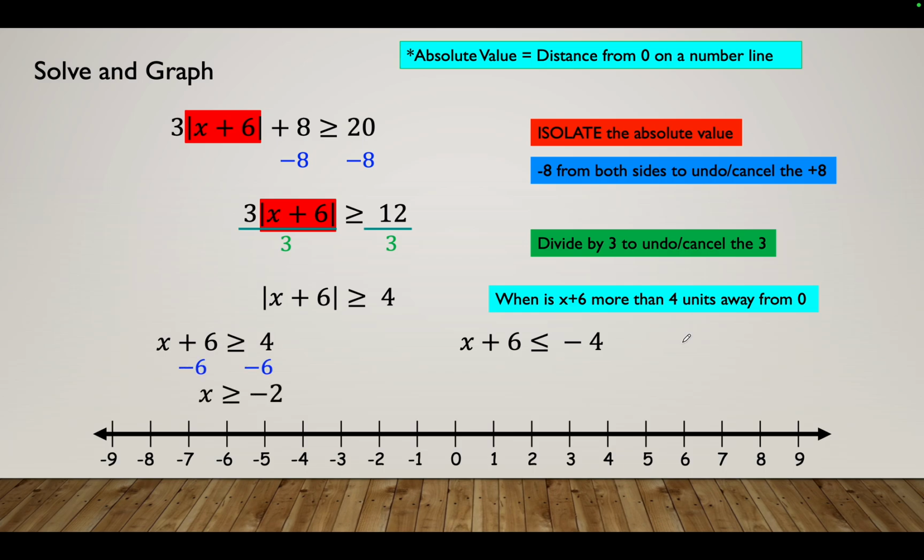We'll solve each one. So we get x is greater than or equal to negative 2, and x is less than or equal to negative 10. So we'll go left of negative 10, closed circle because we have our equal to, and greater than negative 2. So again, because those arrows are going opposite, this would be an OR situation.